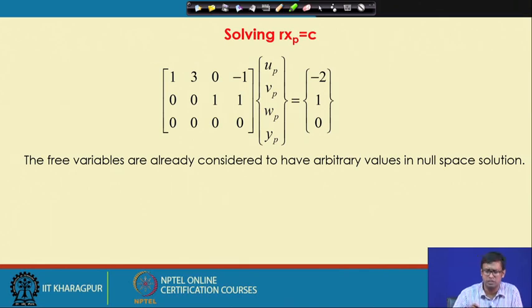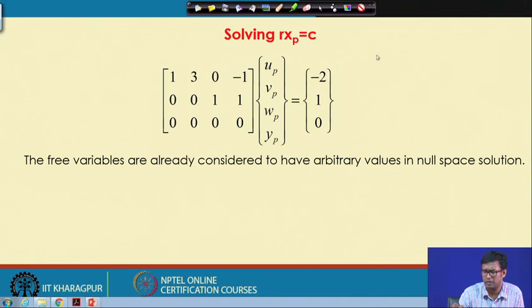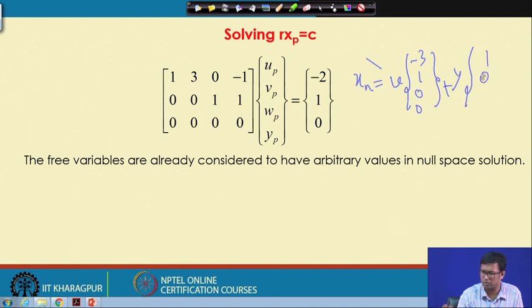Because the null space vector is written as xn is equal to v into minus 3 1 0 0 plus y into 1 0 minus 1 1. So, this v and y are already included in null space.